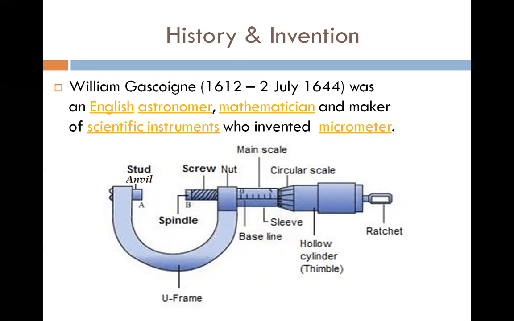So he designed this particular apparatus in the telescope. Later on, with modifications, we call this apparatus a micrometer screw gauge. Why the name? We will see it in the diagram section.